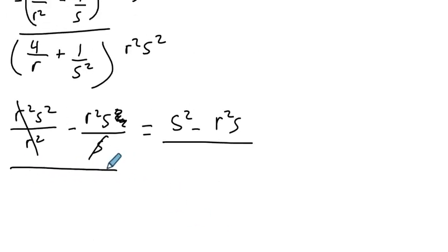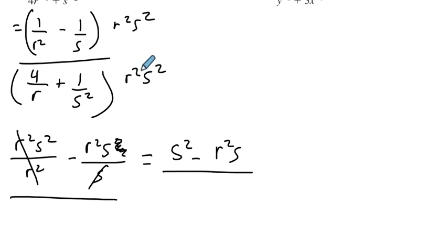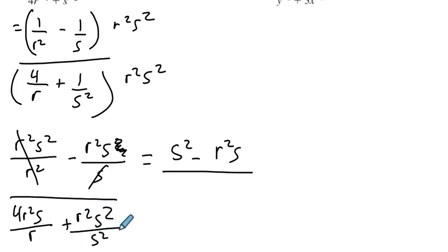But now let's simplify the denominator by multiplying this through now. Okay, so I'm going to multiply 4 times r squared s squared, that's all over r. Okay, so right now I'm multiplying this by my first term, which gives us this. Okay, so now r squared times s squared times 1 is r squared s squared all over s squared.